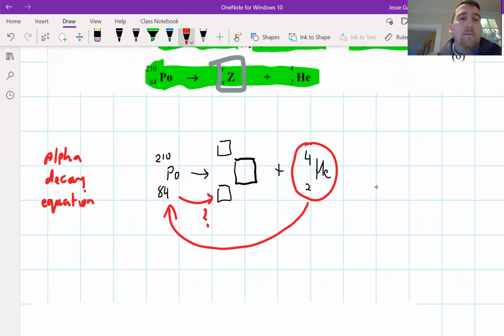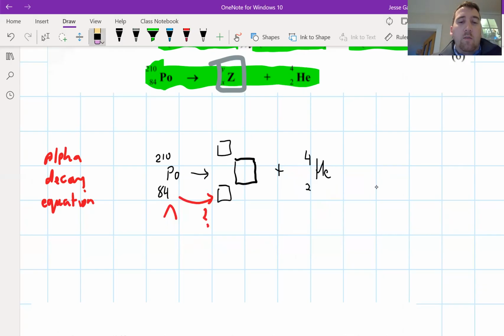Do that now, please. All right, so hopefully you can see that, well, this is the atomic number, okay, down the bottom here. So this here is the atomic number, and so is this atomic number. Well, the atomic number has lost these two of the alpha particle, which means that 84 is now going to be 82. Okay, and it's also lost a mass of 4.